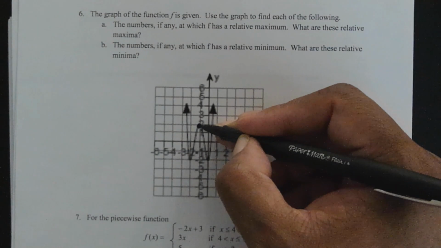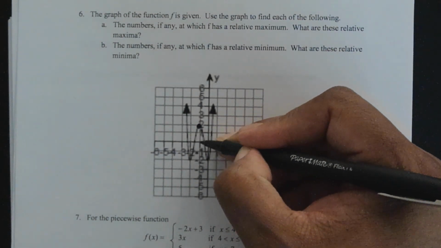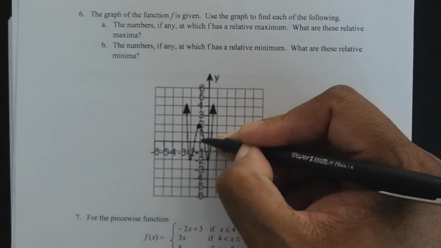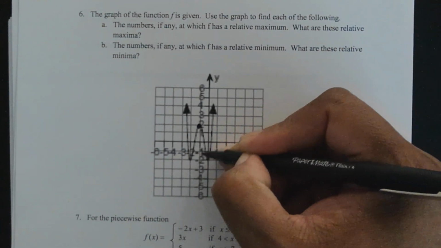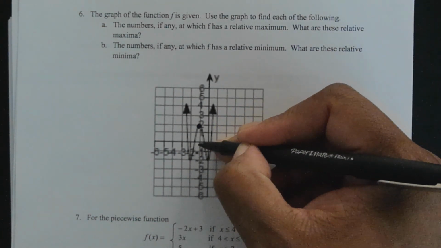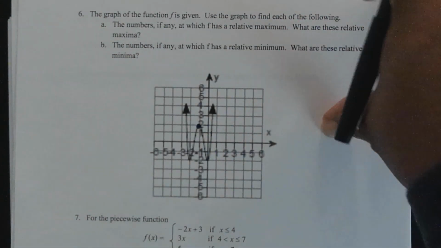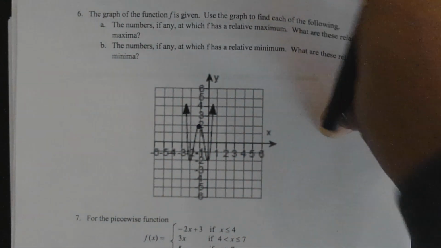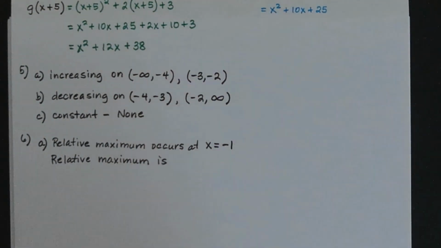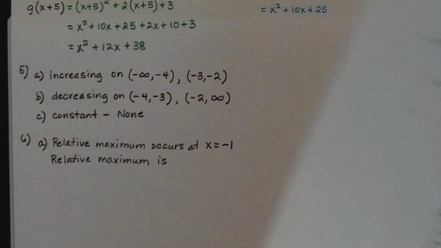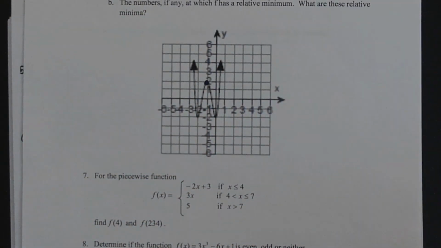So if this is your relative maximum, the x value where it occurs will be, in this case, now it might be hard to read, but it is at x equal -1. So the relative maximum occurs at x equal to -1. Now your relative maximum is going to be that y value.